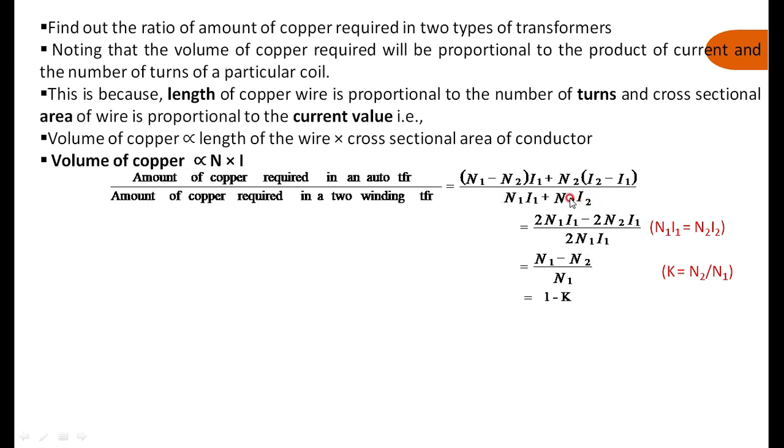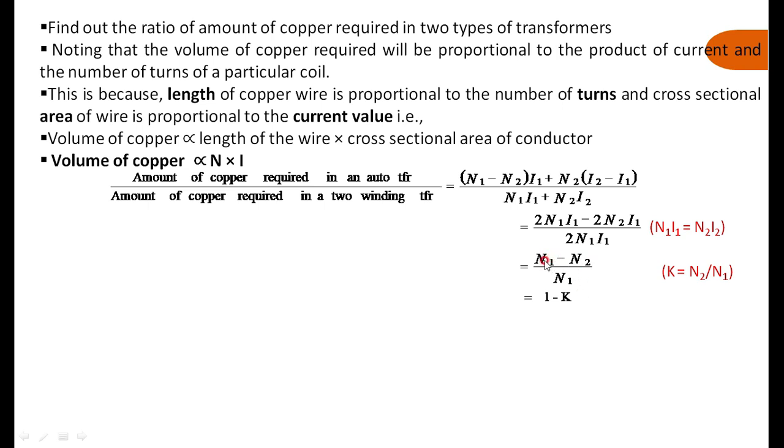Then if you add these, what I am getting is 2 times N1 I1. In the numerator we have 2, and I1 is common, which I am taking outside, and the 2 I1 in the denominator gets cancelled. Then what is left is N1 minus N2. Then I am dividing both numerator and denominator by N1.